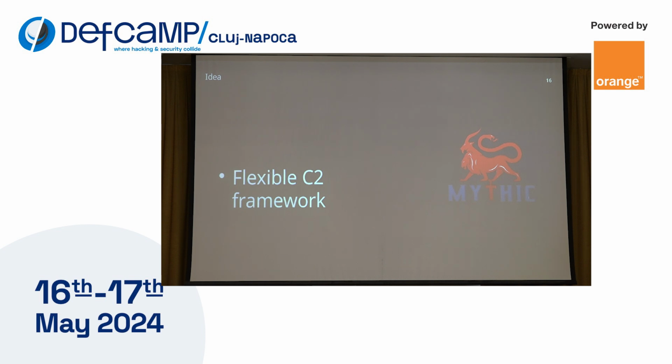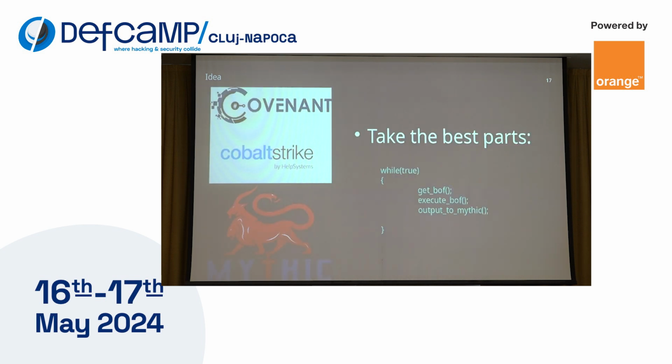This is a really cool C2 framework with a microservices architecture. So you can adapt anything you want, and it is really flexible. So let's take the best part of it and create a really simple agent. What it does is just pull the object file, execute it, and send the response back.